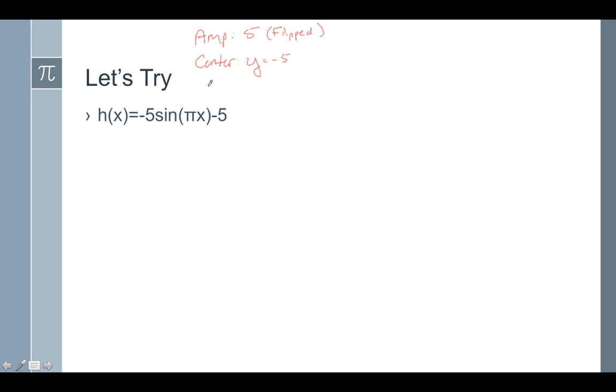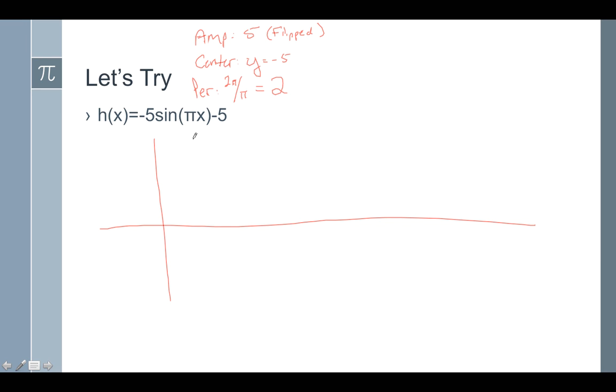And there's a very particular reason I chose this equation. Notice that pi is my b. So my period is 2 pi over pi, which is just 2. And this confuses people because there's no more pi in my period. But that just means I don't have to use pi on my x-axis.